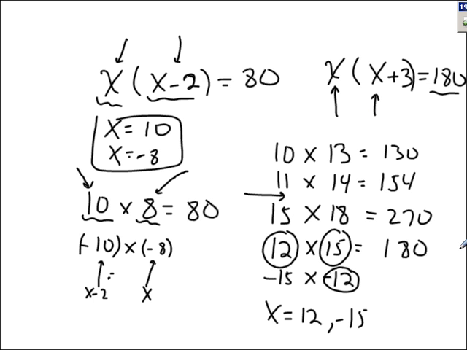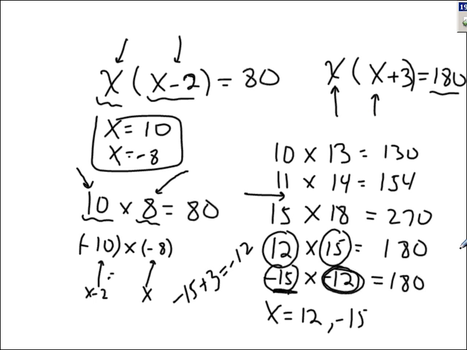Negative 15 plus 3 does that. So x can also be negative 15. Once you find one x, take that other number, change the sign, and you'll have the other answer.